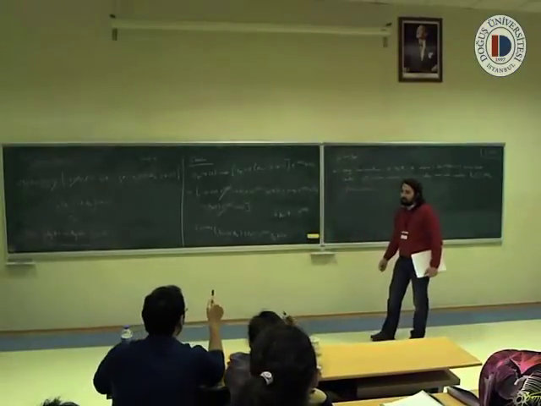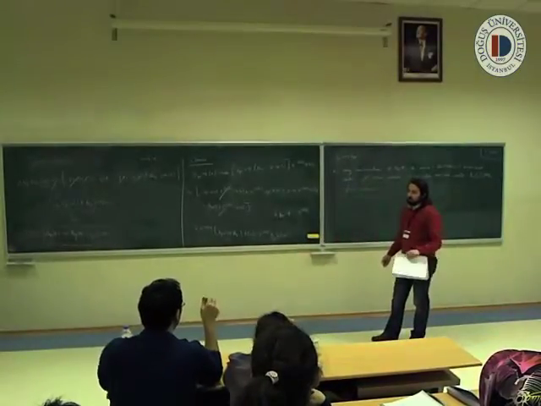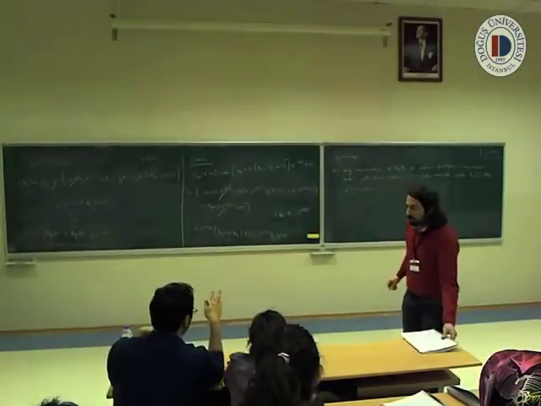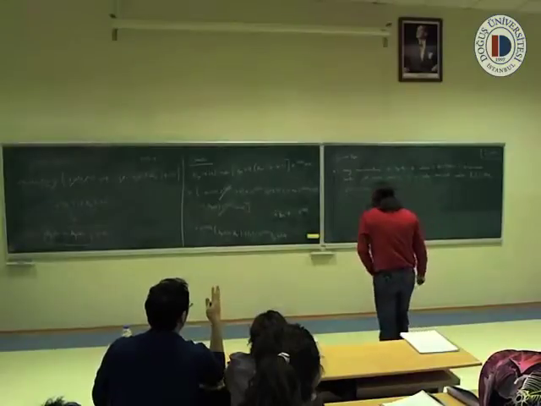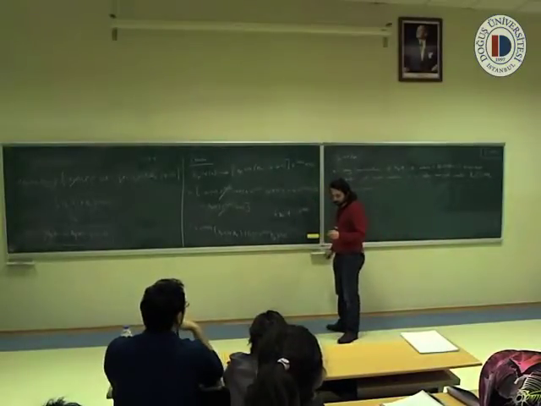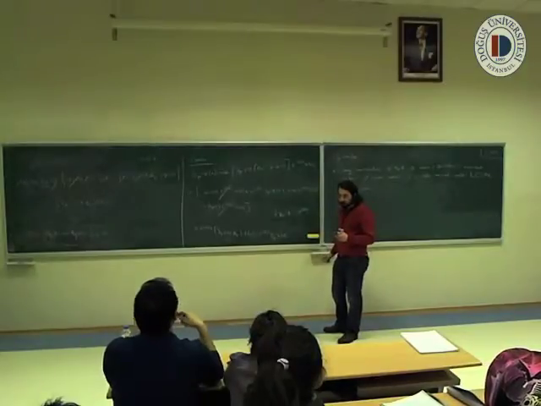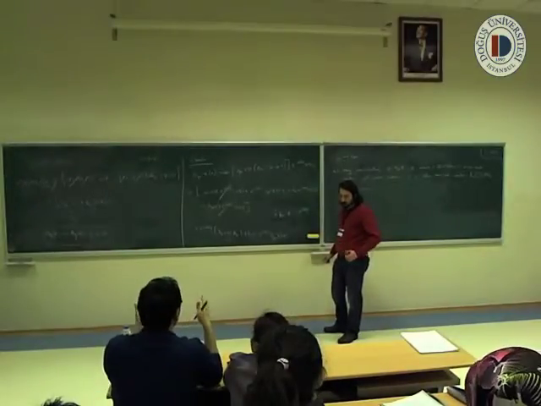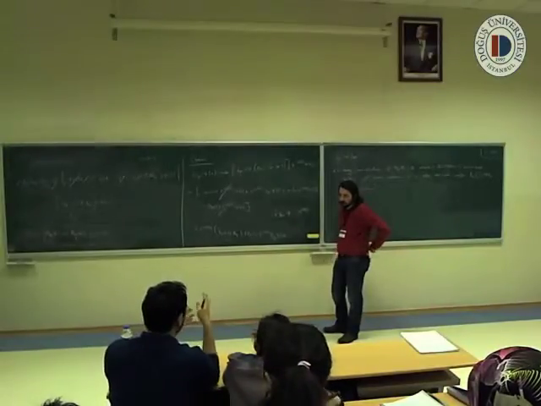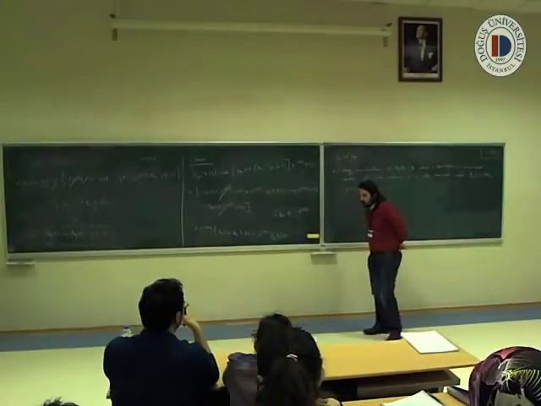And also, can we represent the local transformation differently from this form, e to the i alpha? This? Yes. Can we represent it differently, instead of the exponential function?